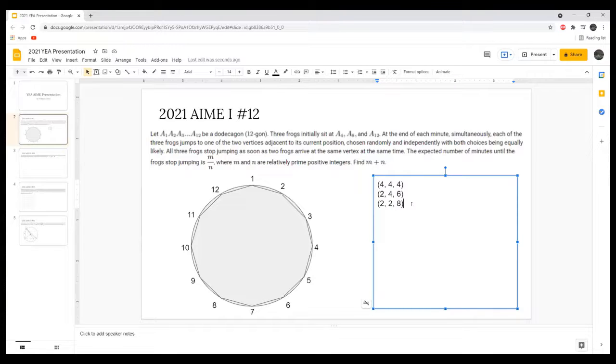So in this problem, they want us to find the expected value of the amount of time it takes for a 4-4-4 configuration to have 2 frogs in the same position.